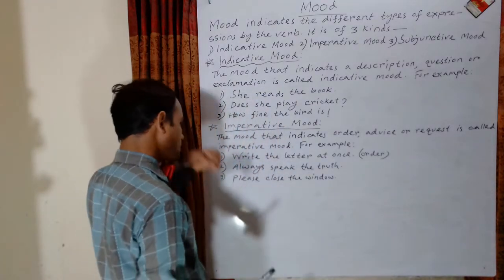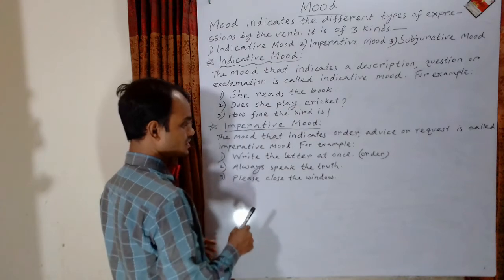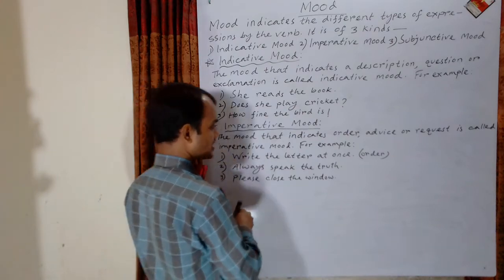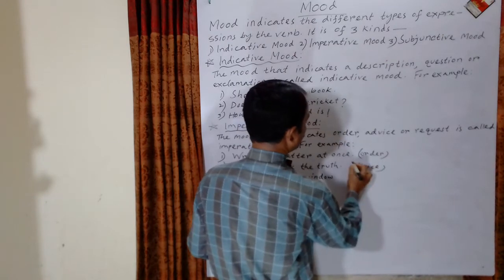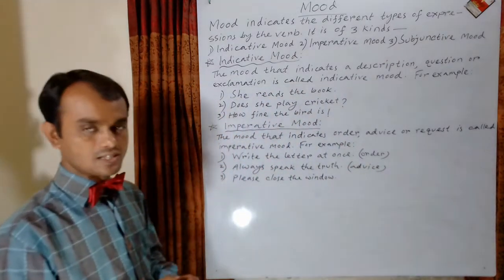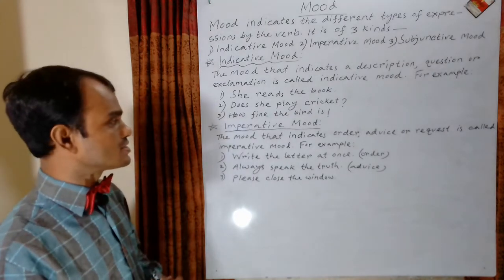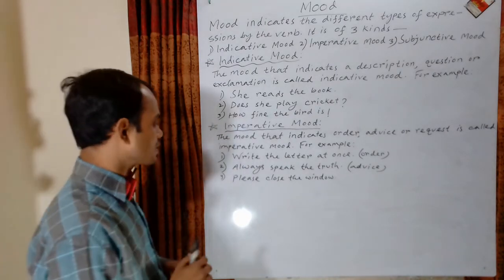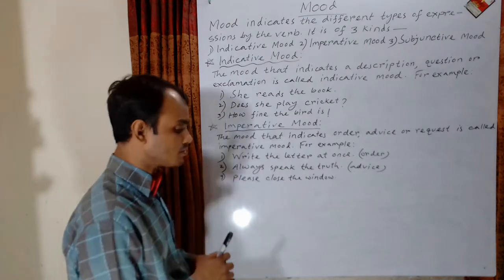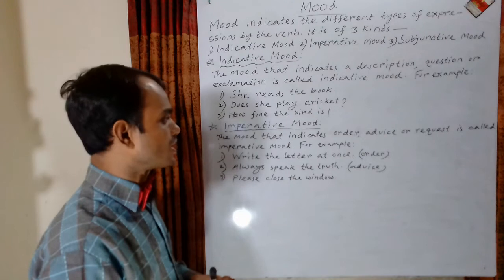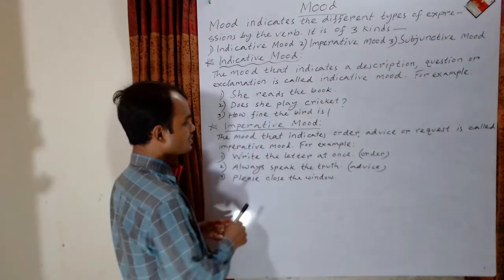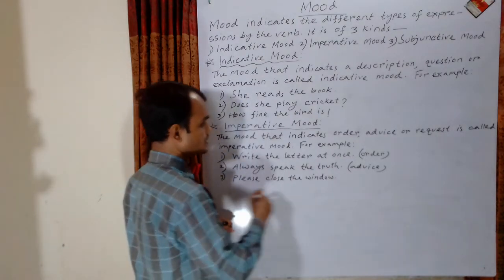The verb of this sentence indicates advice. For this reason, this sentence indicates imperative mood. The last sentence, please close the window. The verb of the sentence indicates a request. For this reason, this is an imperative mood. Request.